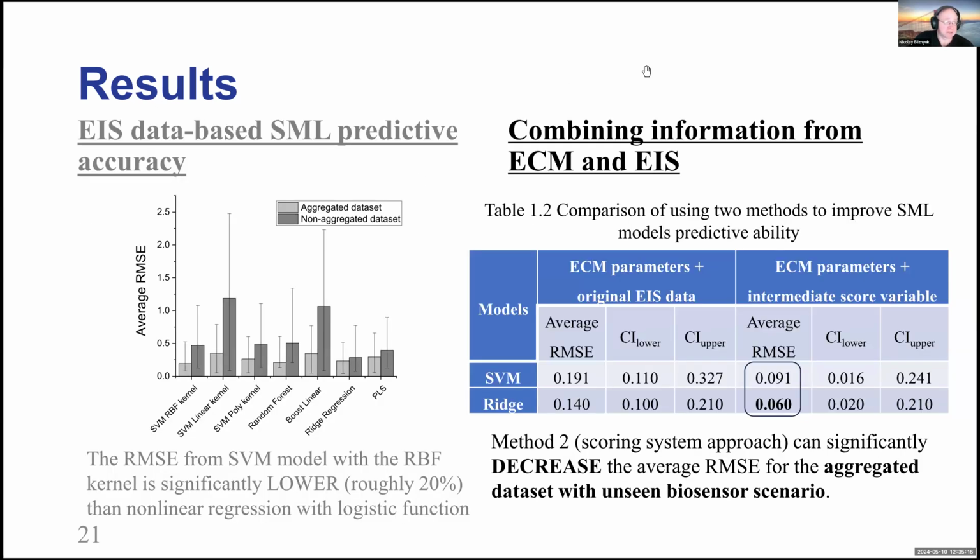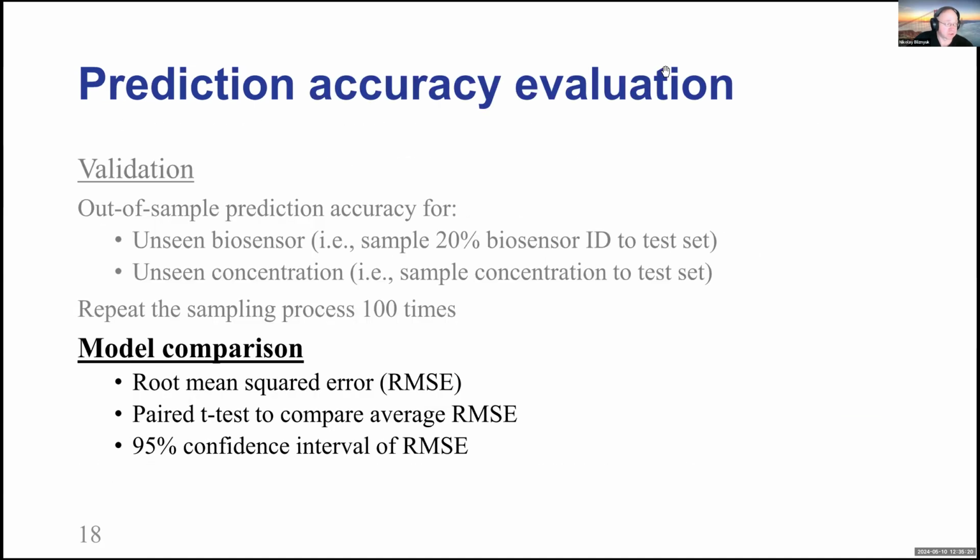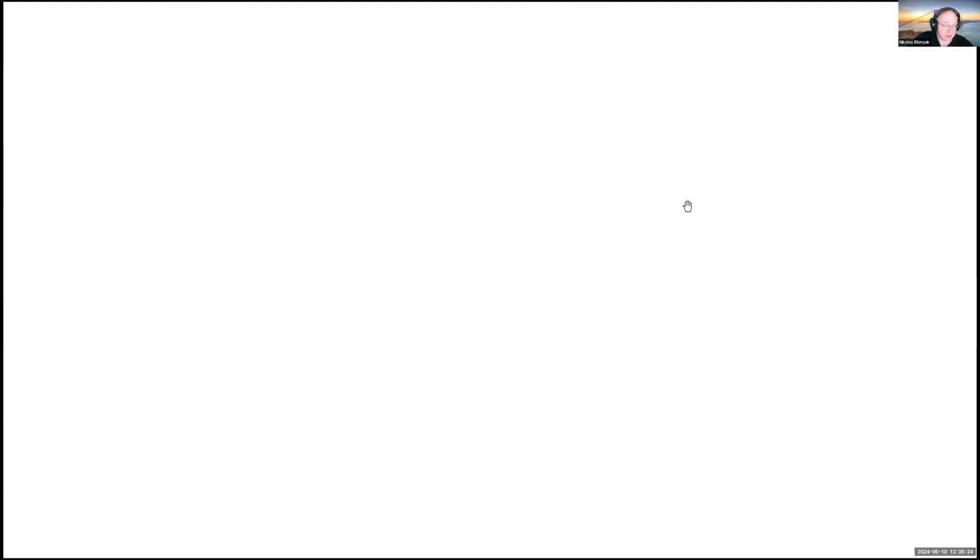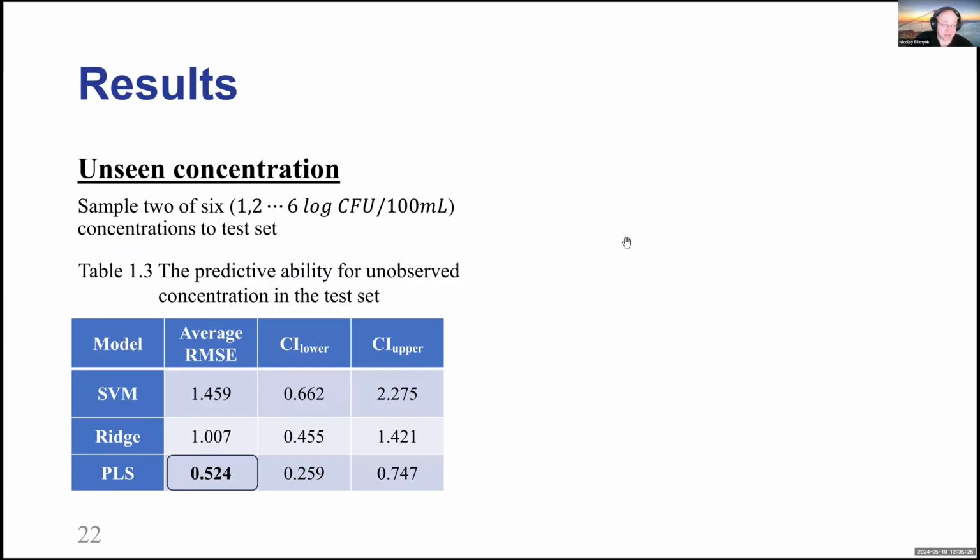So far, these were the results for the first type of validation, which is for the unseen biosensor. We also have results for the unseen concentration, and their results are considerably worse. That is, it is harder in terms of the root mean squared error to predict the low concentration, for example, for which a similar concentration was not used in the training data set.